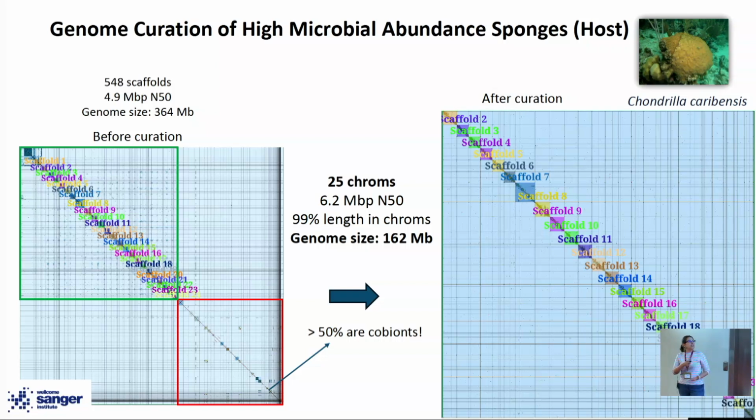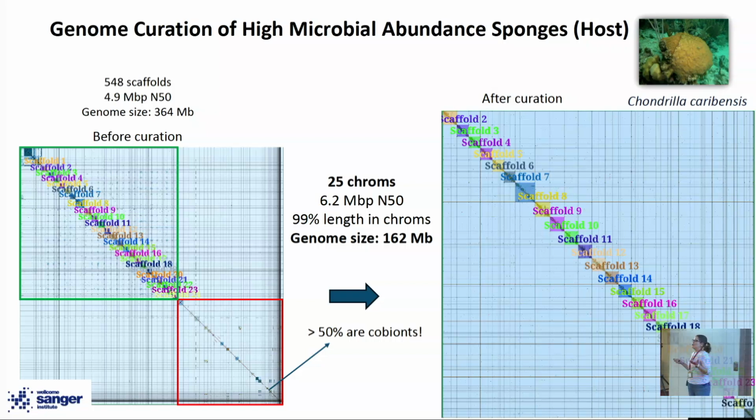We can see a clear difference in the background between these two regions. Here we can see some highlighted regions outside the main diagonal, but that's okay, because that's possibly due to the highly repetitive regions from the sponge telomeres, from the chromosomes, so that's fine. And we cannot see this background here, so these are cobionts that need to be removed.